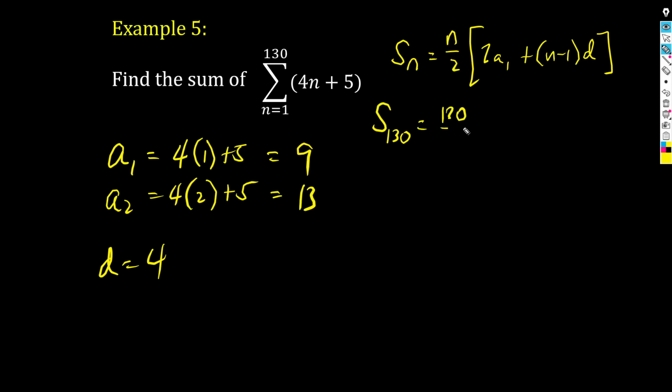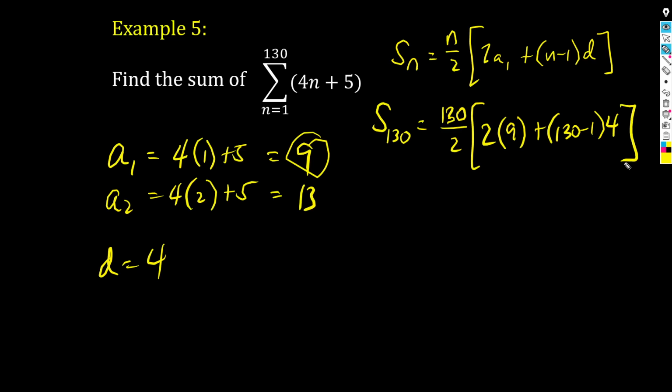It is going to be 130 over 2 multiplied by 2 times the first term, which is 9, plus 130 minus 1, which is 129, times the common difference, 4. 130 over 2 is 65, times 18 plus 130 times 4, which is 520, minus 4, which is 516. Now I need a calculator: 516 plus 18 multiplied by 65. If you simplify this, you should get 34,710.